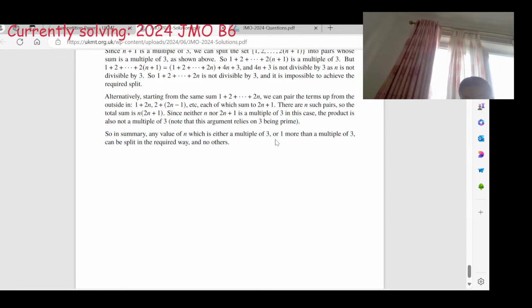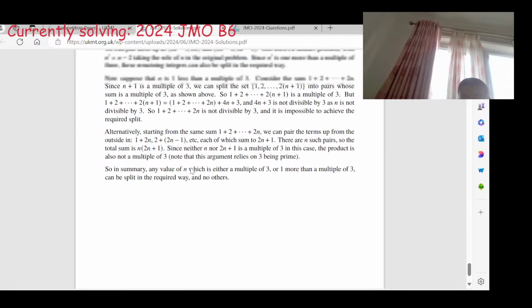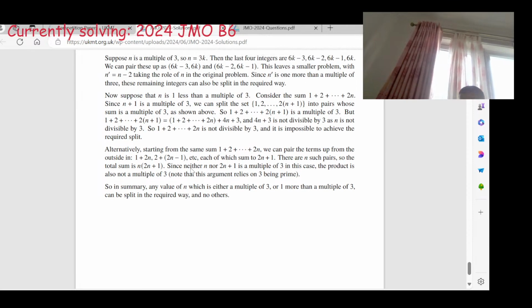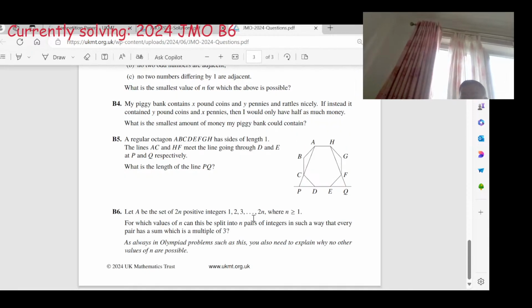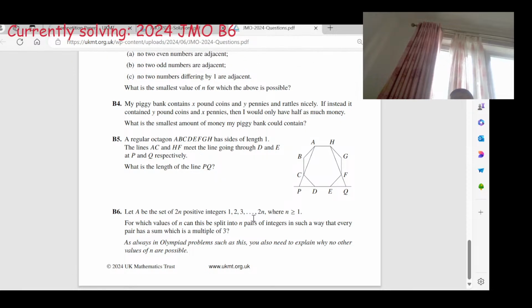What? 1 more than a multiple of 3? What? Am I dumb? Oh yeah, I am dumb, because if n is 1 mod 3, then 2n is 2 mod 6. Haha. Okay.